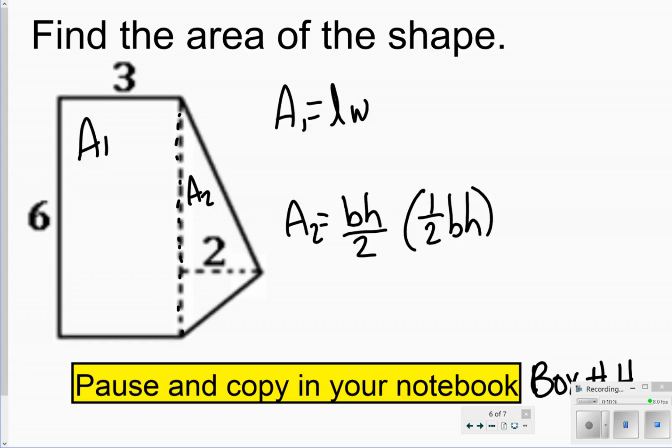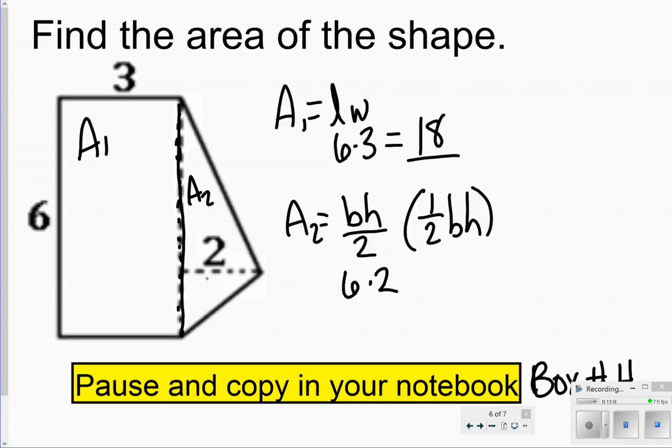Okay, so for area number 1, the length and the width, we're going to use 6 times 3, and we will get 18 units. And then for our triangle, our base is going to be the length of the rectangle. It's going to be the dotted line right here. So our base is going to be 6, and our height is going to be 2.